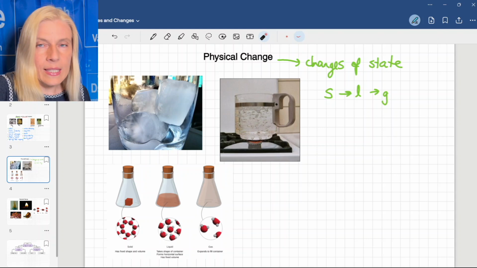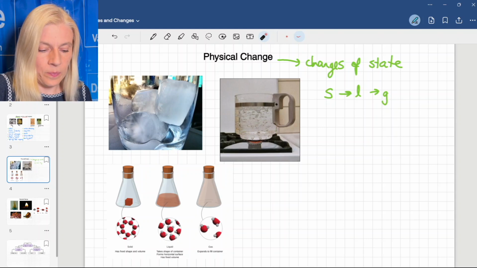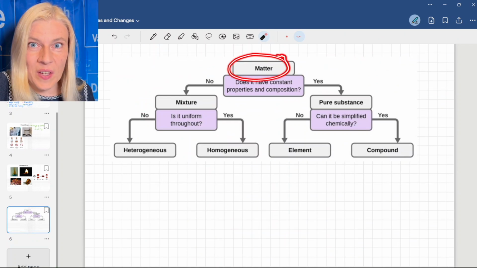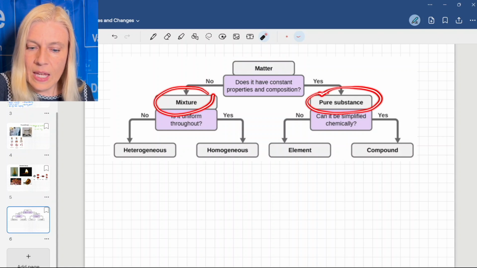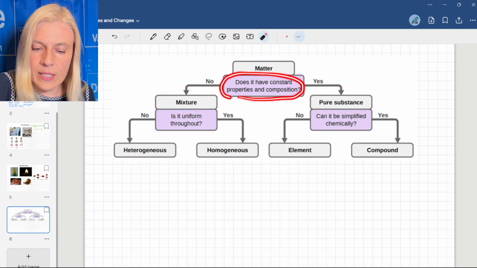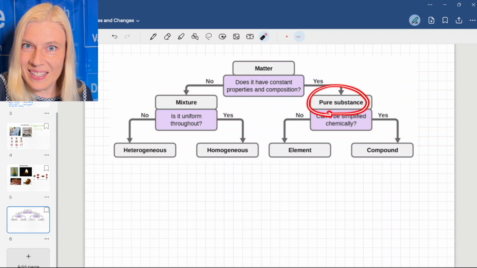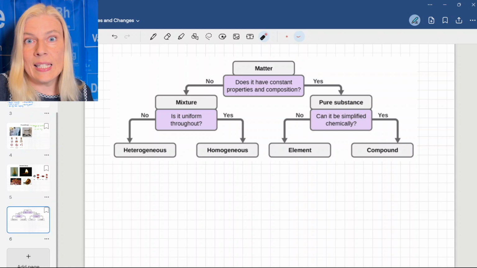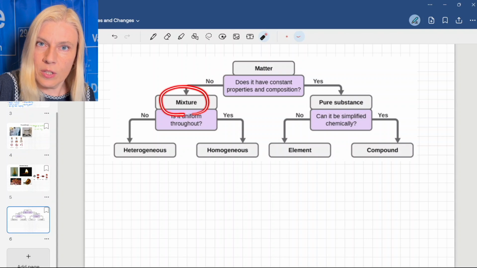Okay, so let's put together everything we learned. We have matter. Matter can be two things, remember? It can be a mixture or a pure substance. You're going to ask, does it have constant properties and constant composition, no matter where you get it from? If the answer is yes, it's a pure substance. If the answer is no, the composition can vary, just like iced tea, where you can vary the amount of sugar in it, then it's a mixture.